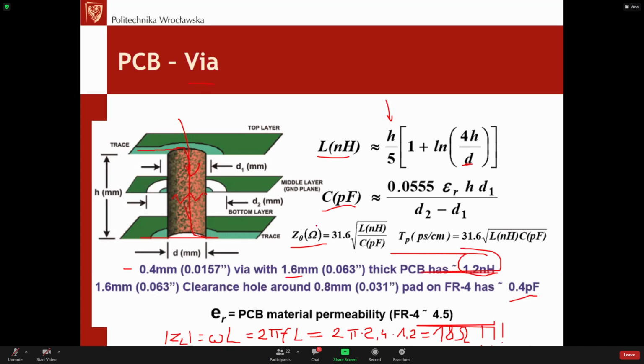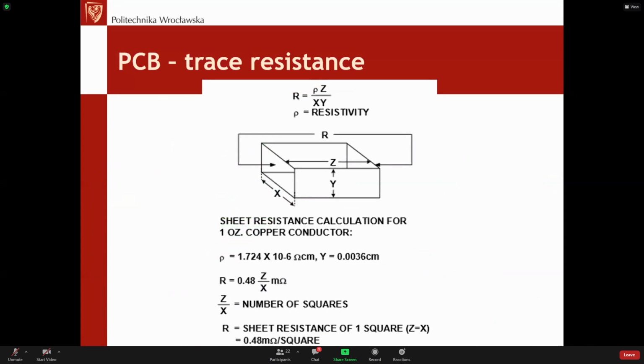That's why we usually don't bother about the characteristic impedance and the propagation time, the formula for which is shown here. The vias are used for low frequencies, no problem, but for high frequency paths, try to avoid them as much as possible. You can avoid the vias, of course, but you can't avoid the trace itself.